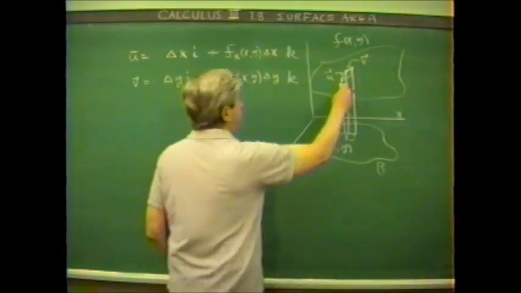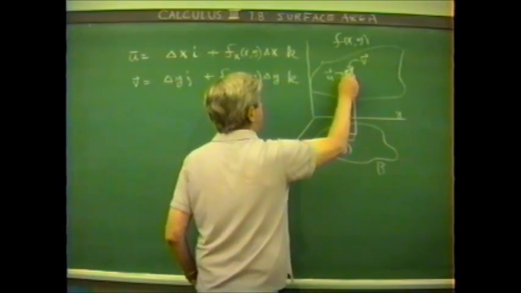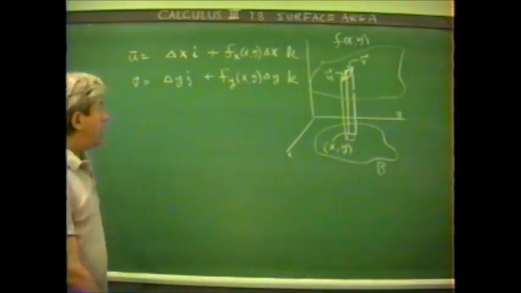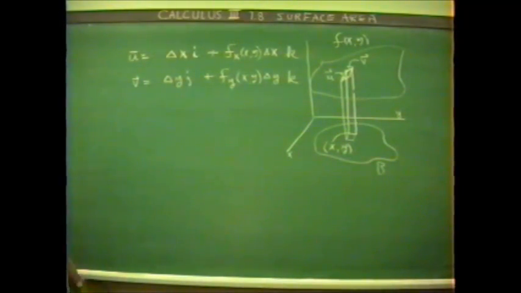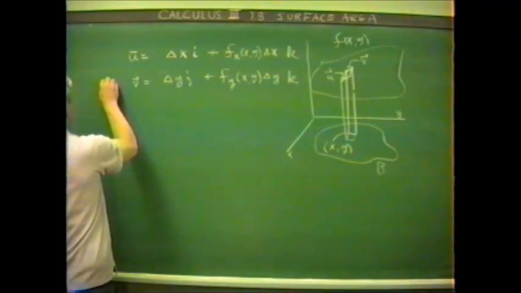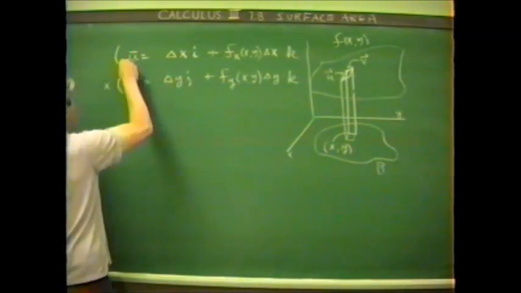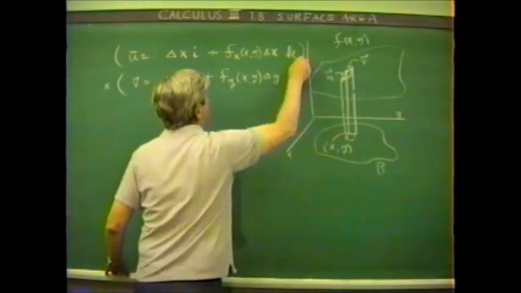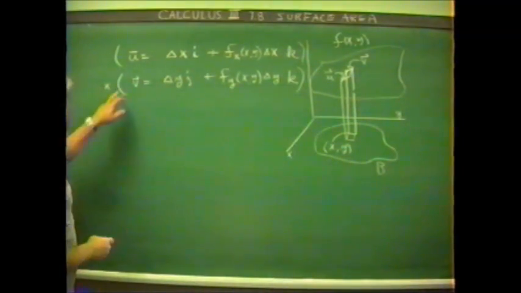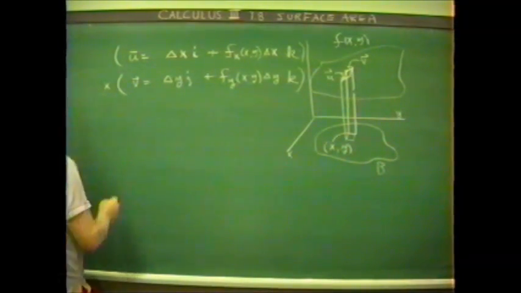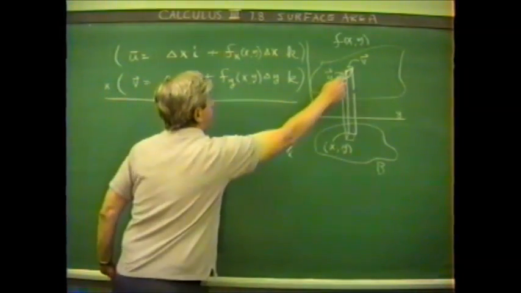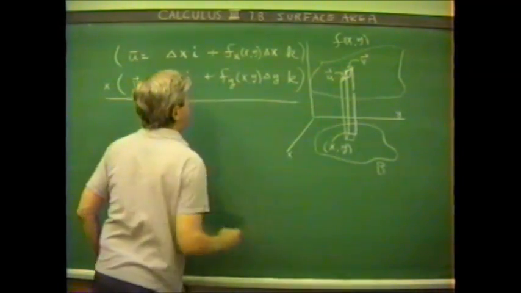Now, this is going to produce a small rectangle here which lies approximately on the surface. And the area of that rectangle is going to be the cross product of u and v. If we take u and cross it with v, take the magnitude of that cross product, that's going to be the area of that small parallelogram.